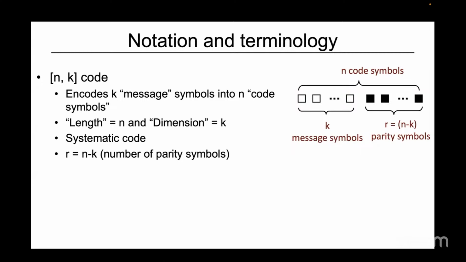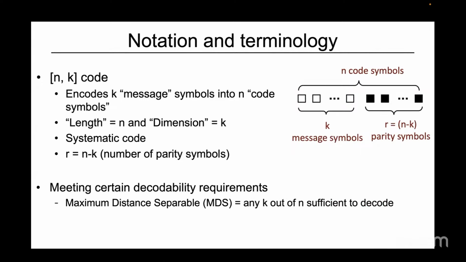Often there are certain decodability properties or constraints that are met, a popular one being maximum distance separable, or MDS for short, which imparts the property that any k out of these n symbols are sufficient to decode.